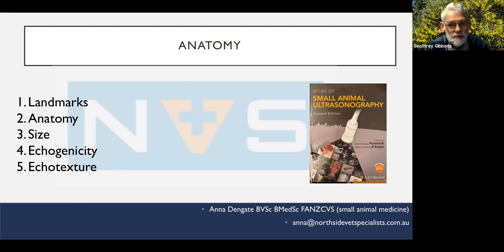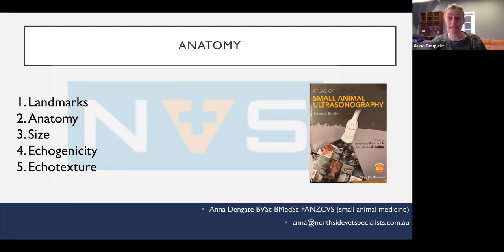I'm not too sure, actually. It's really hard because you can't do anything that tells you volume using the ultrasound, and you can't judge it in context for the body size of the dog. So it's really difficult to judge size. Rounded margins are a really good tip.